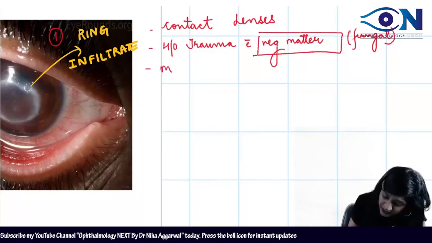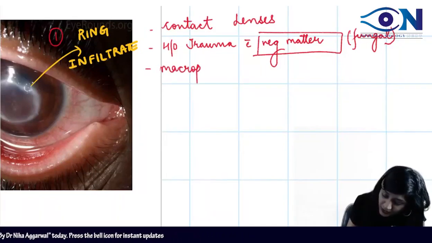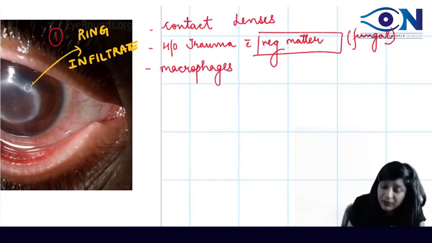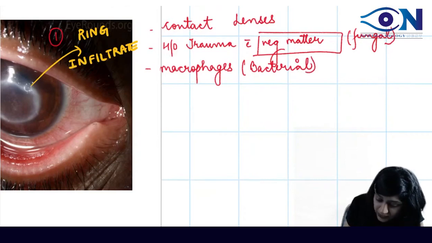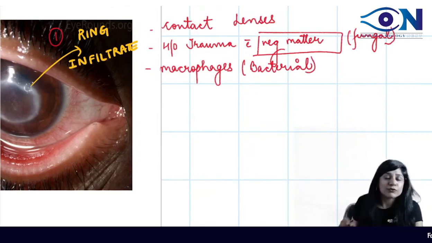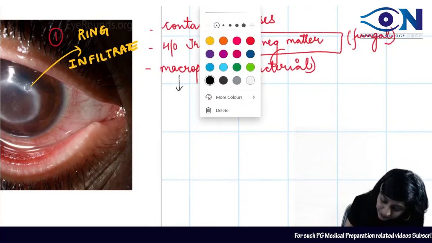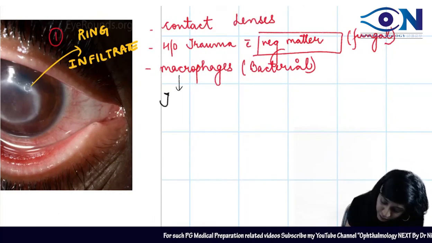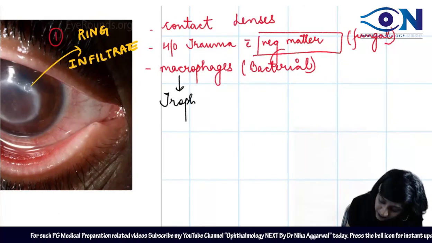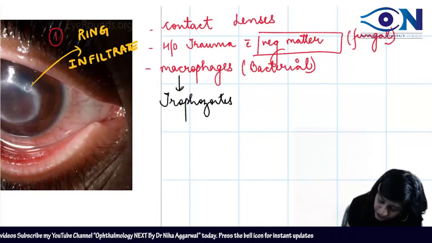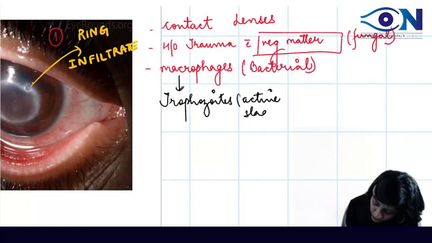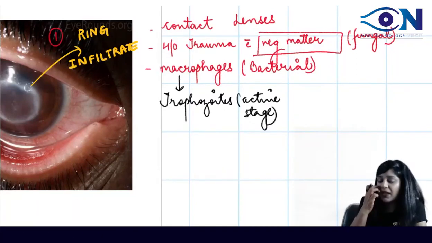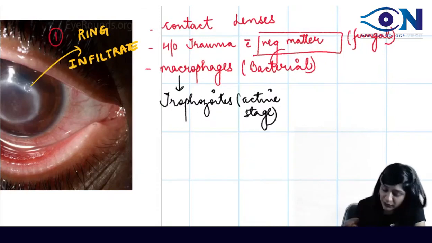Similarly, you can see macrophages here, due to which you can confuse it with bacterial. Now, what are these macrophages? Actually, these are not macrophages. These are trophozoites, which is the active stage of the amoeba, and they resemble macrophages.